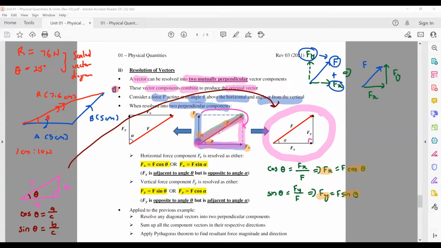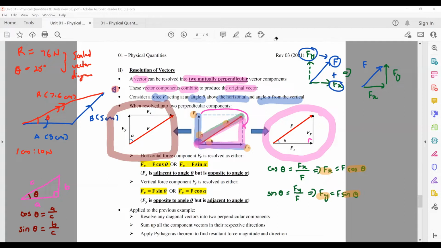What I mean by that is that if you look back at the center diagram here, you can actually get another triangle from this diagram, which is the one on the leftmost here. How do you get this diagram?